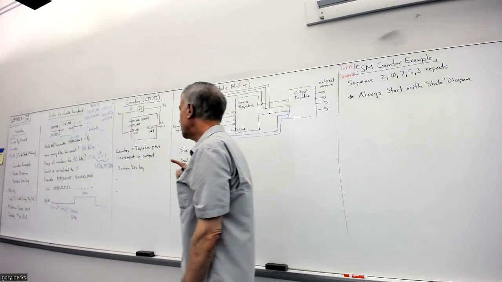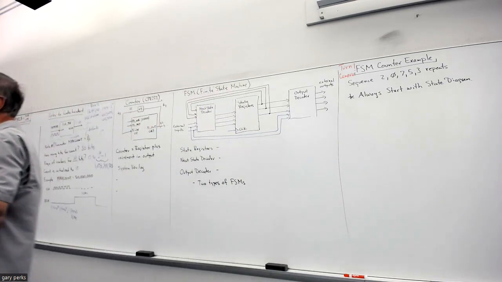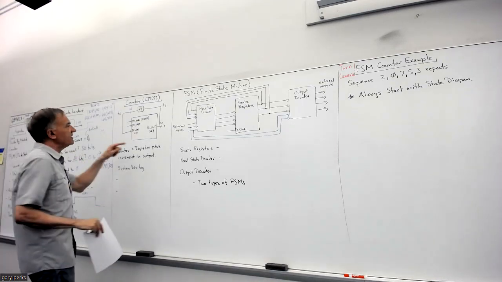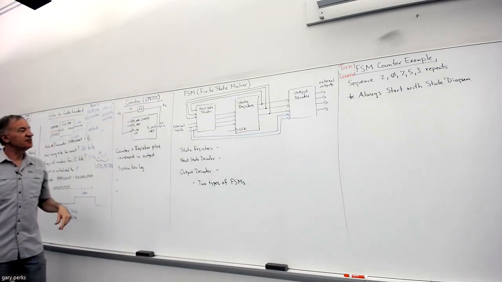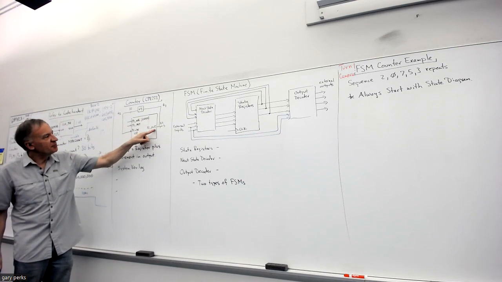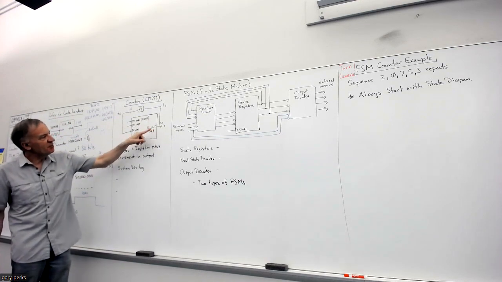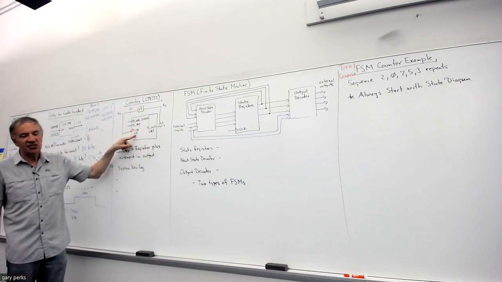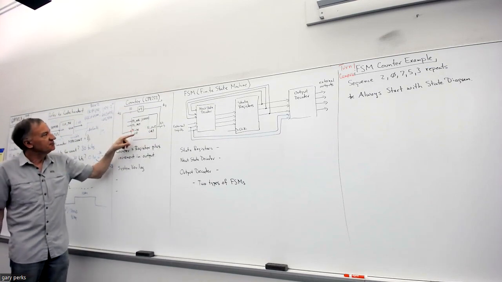But the main point that I want to make here is that a counter is essentially a register whose output will increment by a certain amount. Like this counter that's part of CPE133, the PC out and PC in: PC out is just like Q of a register, and PC in is just like the D input of a register.